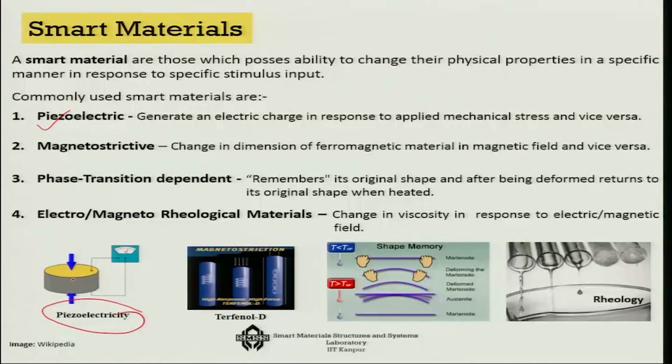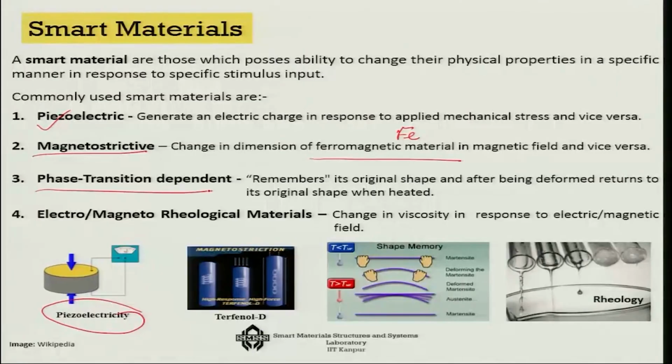A similar thing you will notice in magnetostrictive material with the change of magnetic field. In fact, it was first noticed in ferromagnetic material like iron. Joule first noted that a change in the shape of a magnet happens with the change of the magnetic field, and that's magnetostriction.